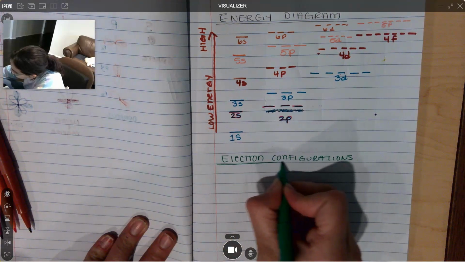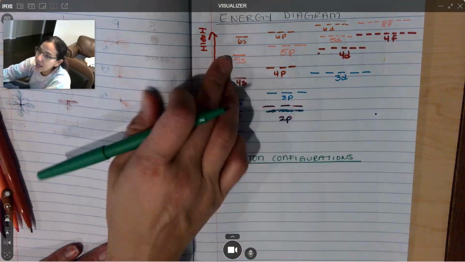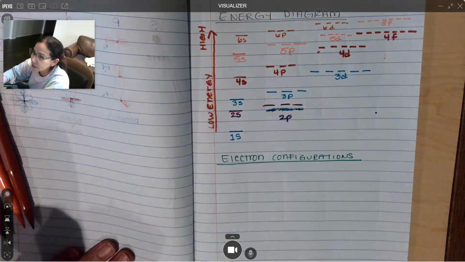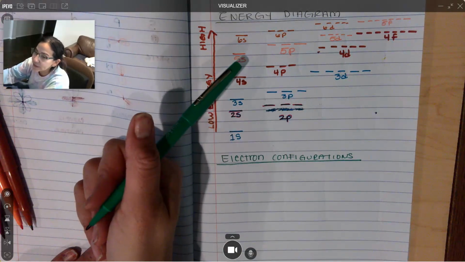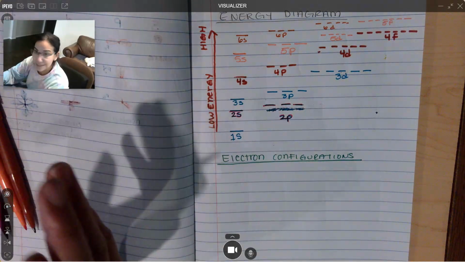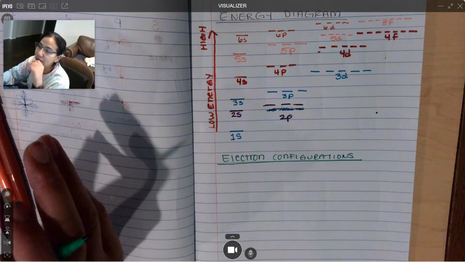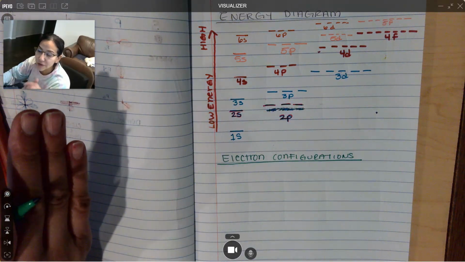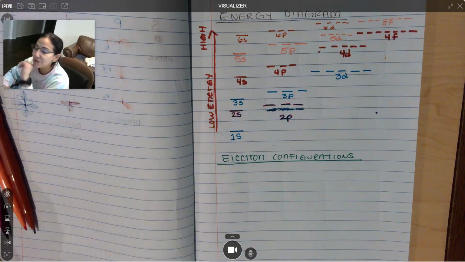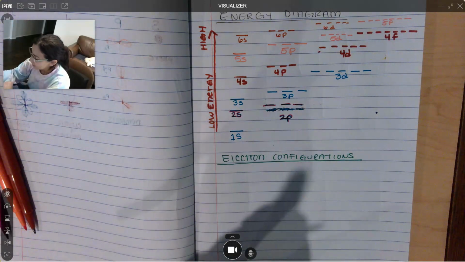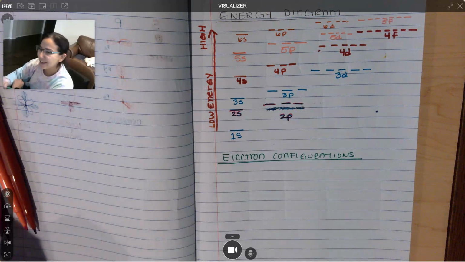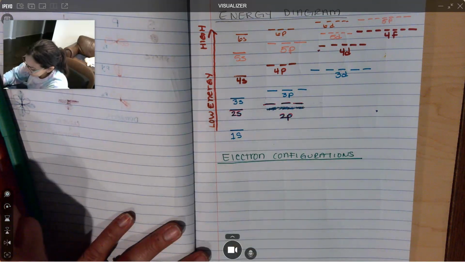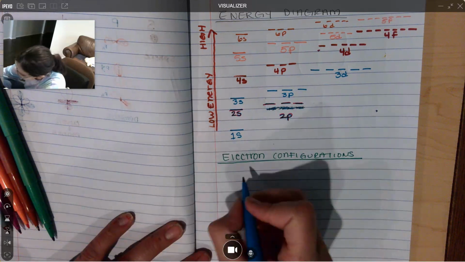My electron configurations are going to be a lot simpler than having to draw this and showing all my electrons on that. Now, if you like this, if this is something you can do, like you're very aesthetic, you have the ability to make things look good, and you have that patience, by all means, you go and you do you. To me, I like the easier path, and in this case, the electron configuration is going to be my easier path to success.